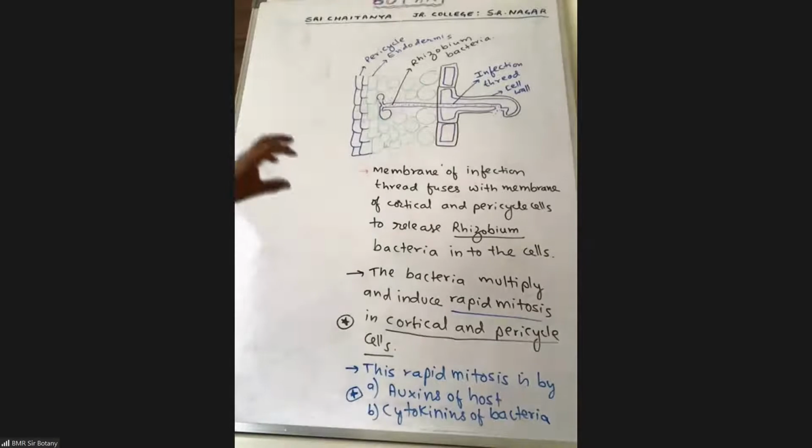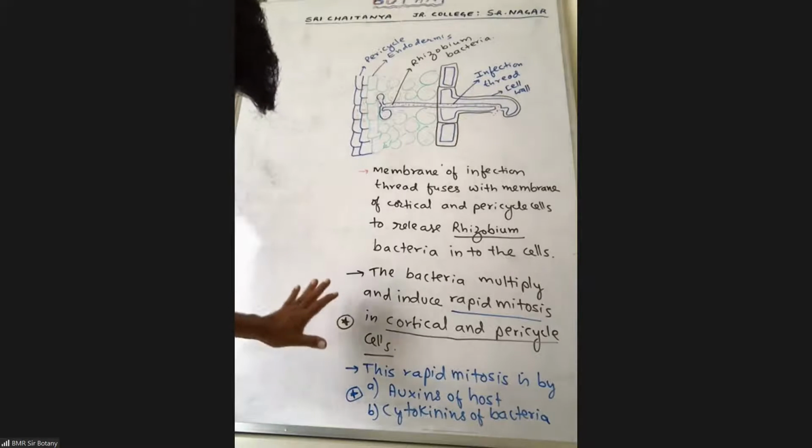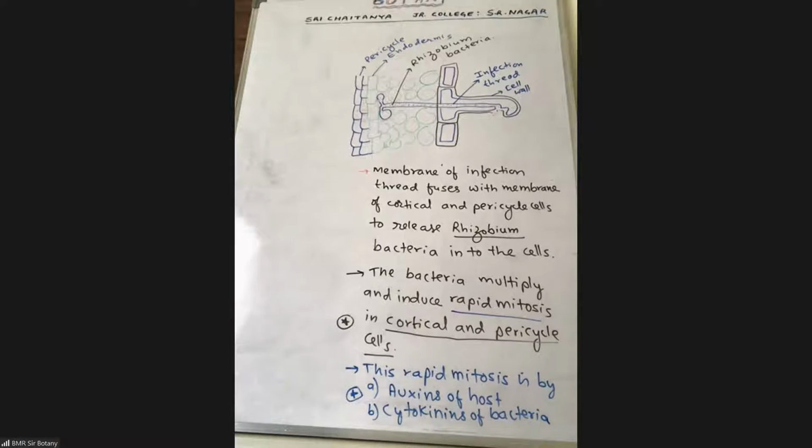Bacteria themselves multiply and induce rapid cell division in cortical and pericycle cells. Be careful here, Nana. That rapid mitosis is due to auxins of the host and cytokinins of the bacteria.